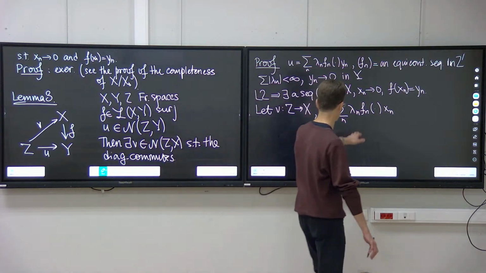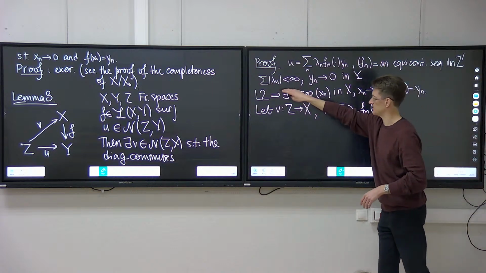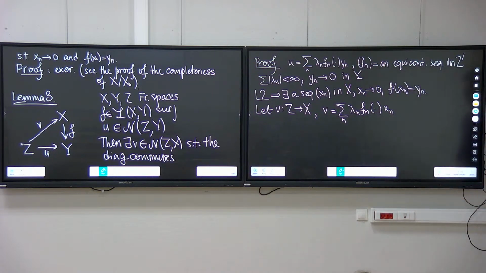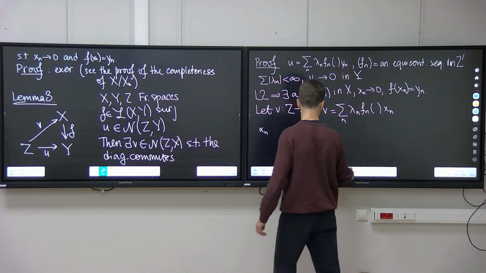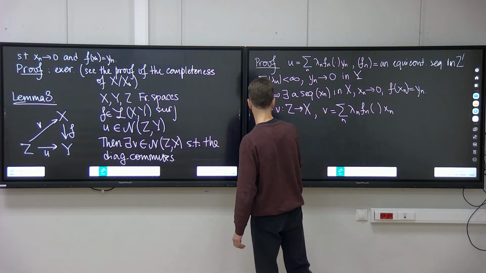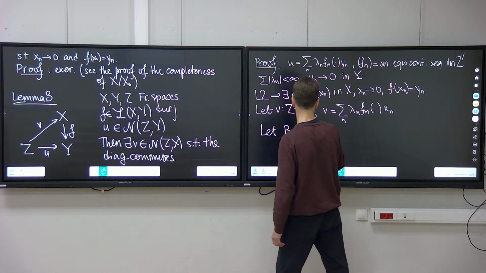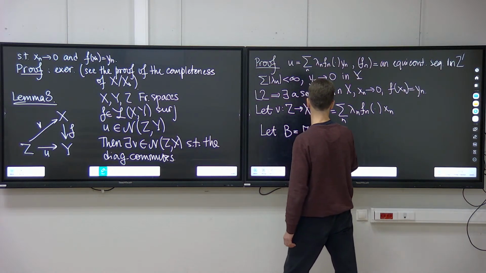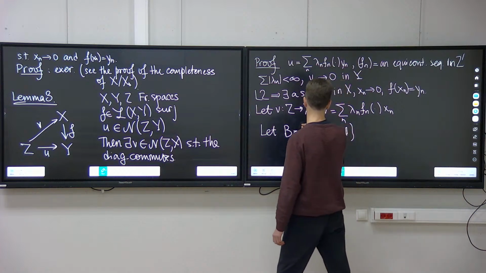So we want to show that f_n is still equicontinuous, so everything is okay with f_n, and lambda_n is still absolutely summable, but we want to show that the sequence x_n is contained in a Banach disk. But we can now explicitly define our Banach disk as follows. Let B be the closure of the absolutely convex hull of the set of all elements of our sequence.